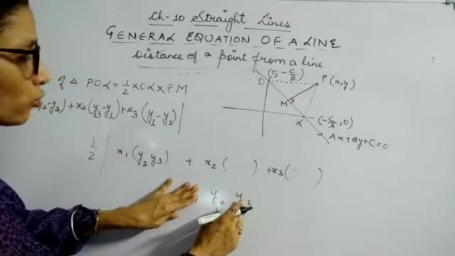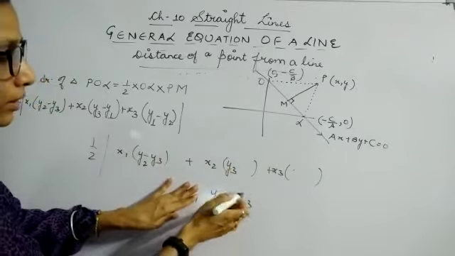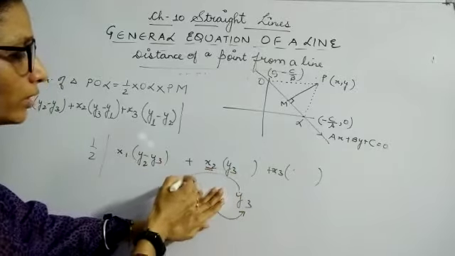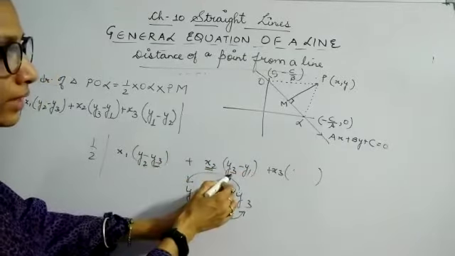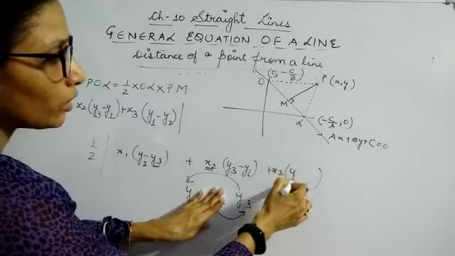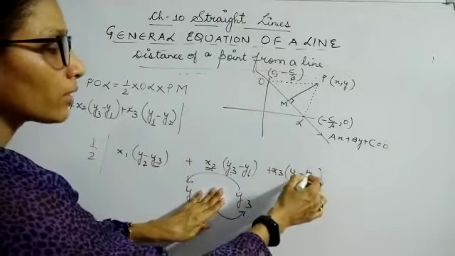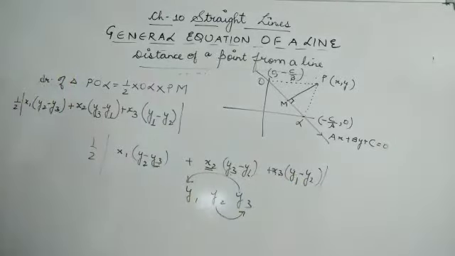Now you have reached y3, so you start here with y3. When you have written x2, you will not take y2, you will take y3 minus y1. Wherever you are ending, start with that. I am ending with y1, so I start with y1. Now x3 has come, that means y3 will not come, and here it will be y2. So this is the easy way to remember the area of triangle formula.